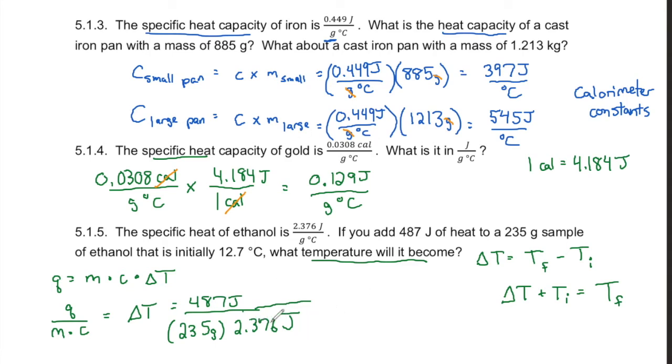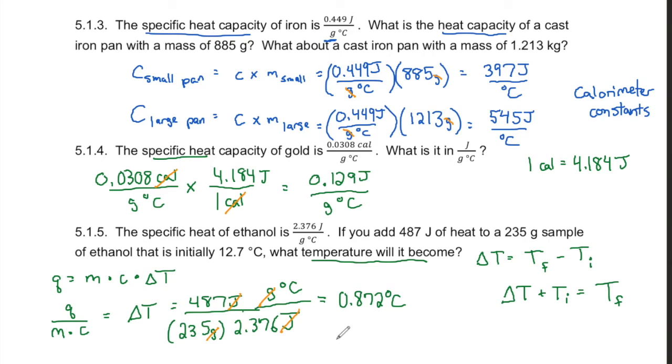When you divide by joules per gram degrees Celsius, the gram and degrees Celsius are going to be on the opposite side of this slash. So if something's in the denominator of the denominator, it's actually in the numerator. It's helpful to write it this way because it makes it easier to cancel the units. You can see that grams will cancel and that joules will cancel and that you're going to end up with degrees Celsius, which makes sense for a temperature change.